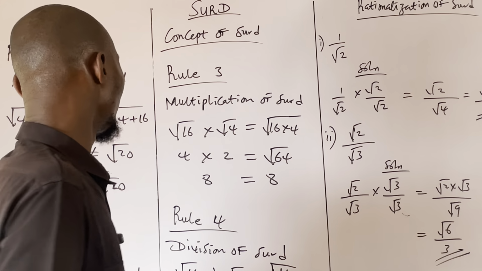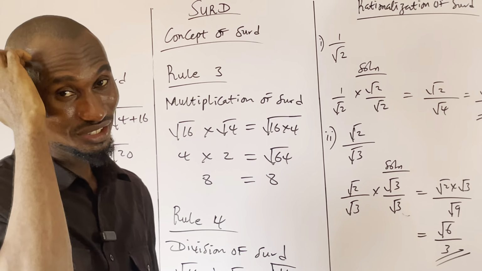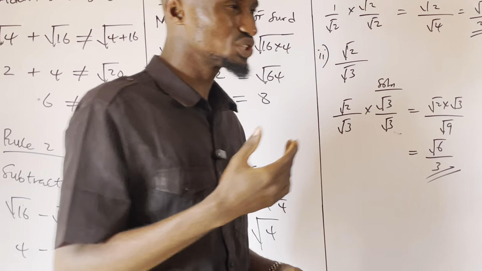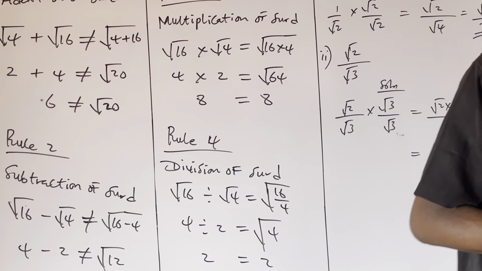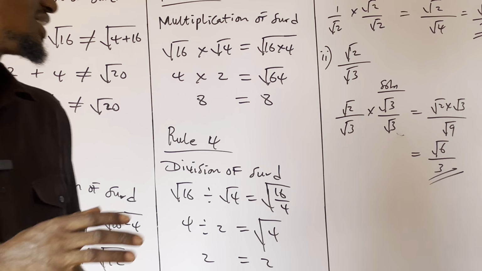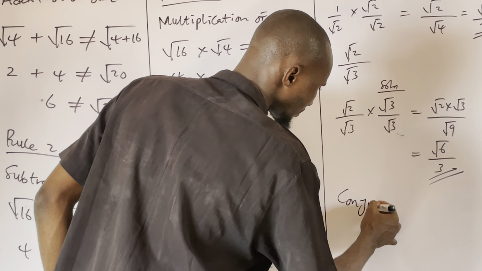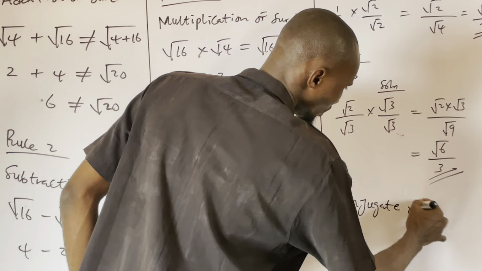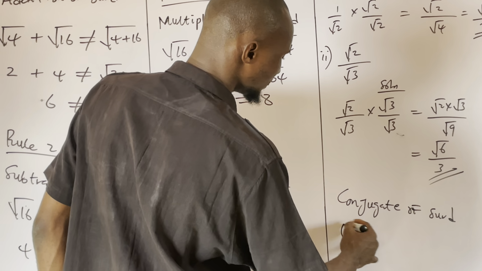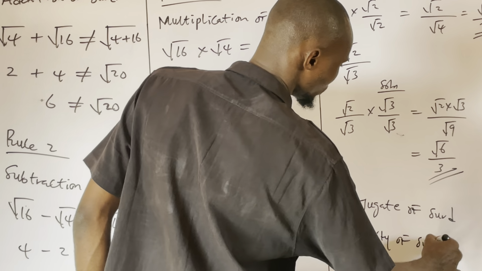The next one is conjugate. Let's talk about conjugate. After conjugate, the next one is equality of surds. That one is for further mathematics, but I have taught that one. Go to my playlist, you will see equality of surds.